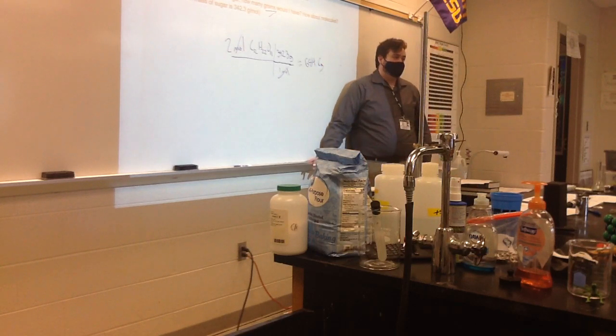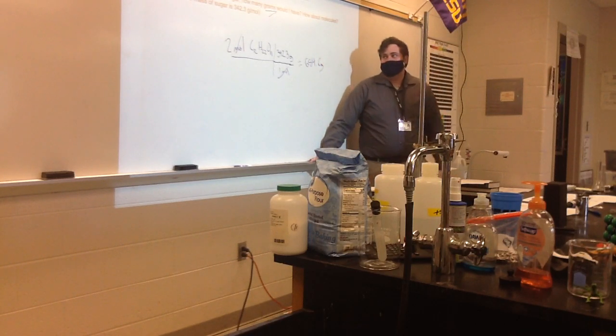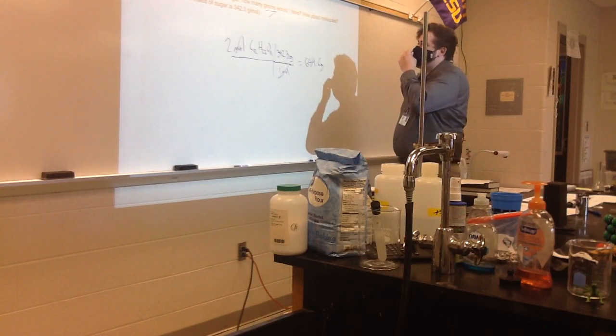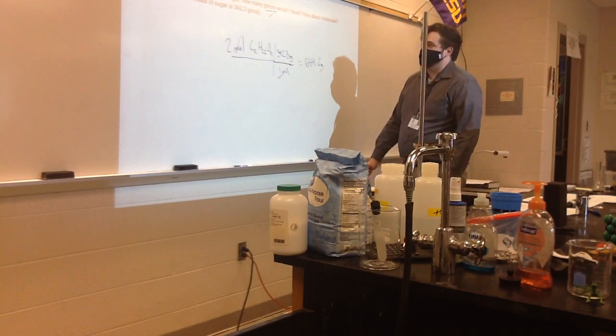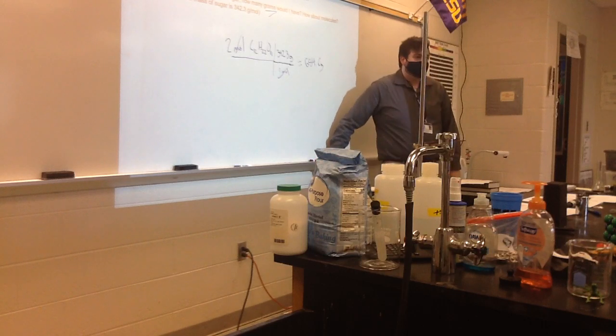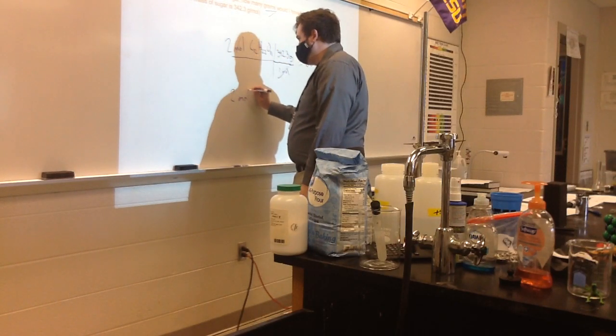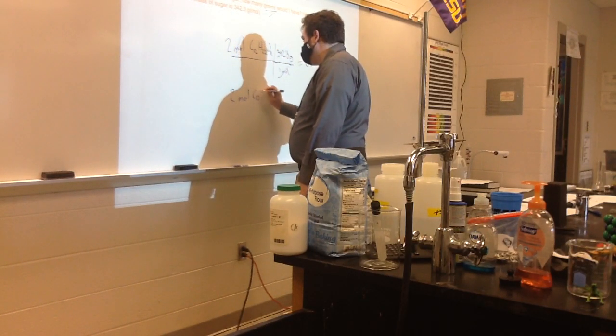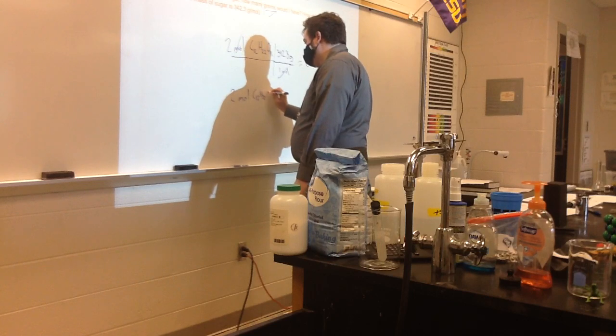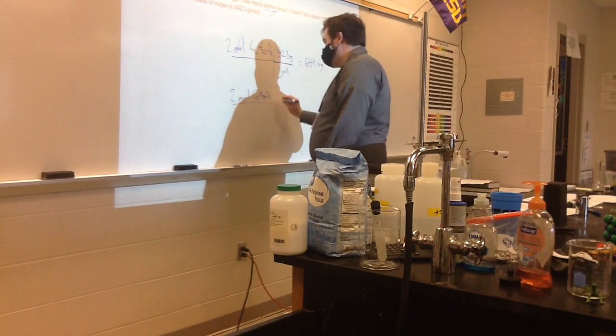Yeah. Good. All right, so now let's talk about if we're trying to get the number of molecules here. Again, where are we starting from? Moles. So we'll start with 2 moles again. So 2 moles. All right.